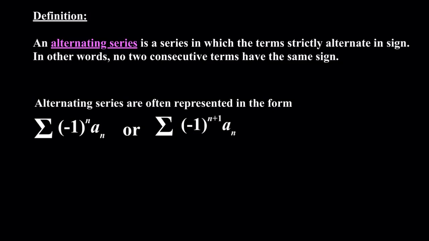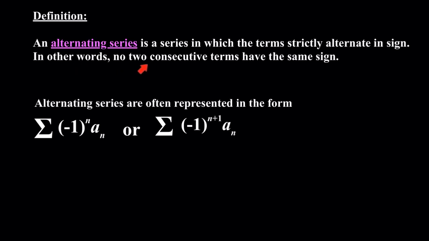All right, the next and final thing that we're going to cover in series is going to be the topic of varying sign series, which is also known as alternating sign series. So an alternating series is a series in which the terms strictly alternate in sign.